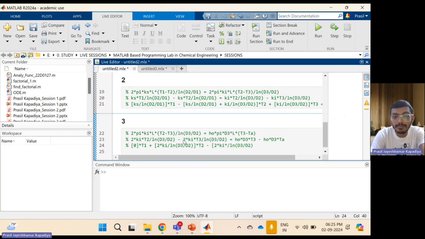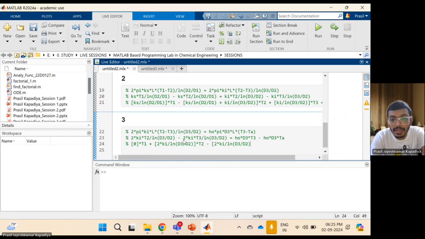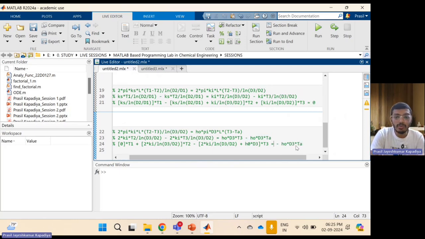So this term and this term will be plus h naught into d3, and this whole term is multiplied with t3. Now this is equal to, do we have any constant term? Yes, we have this term minus h naught d3 ta. So it is minus h naught into d3 into ta.